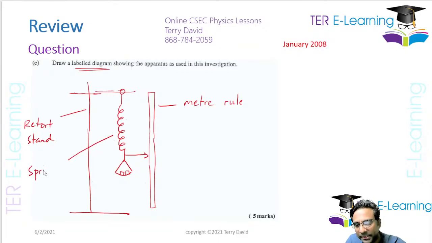This here is going to be my weights that I'm adding. And that's basically it, right? That's all you need. They didn't say to describe anything, they said draw a labelled diagram showing the apparatus as used in the investigation. That's it, right?